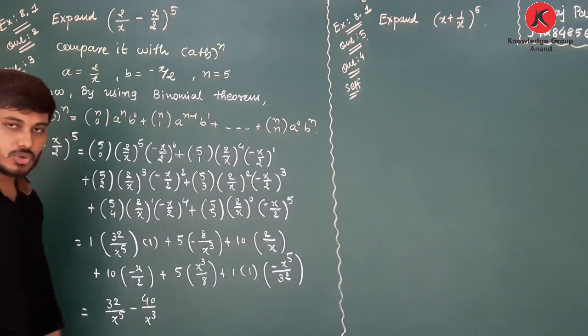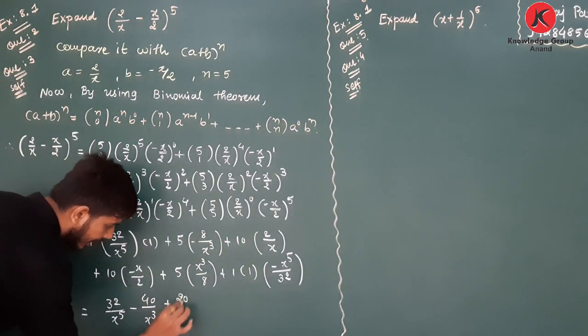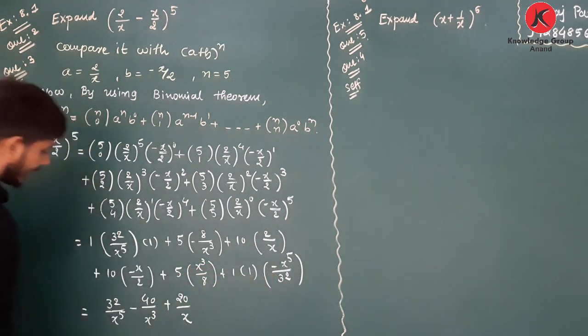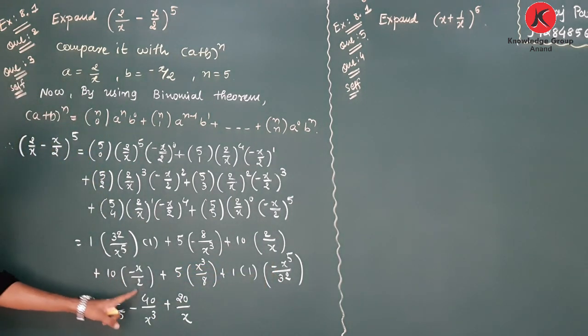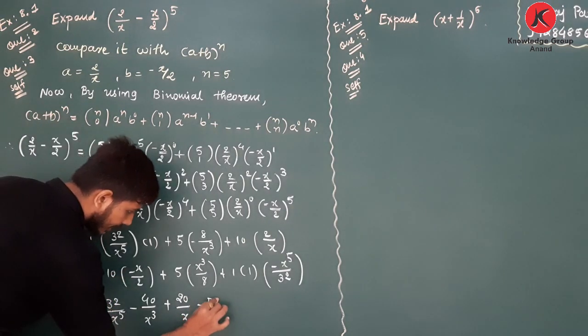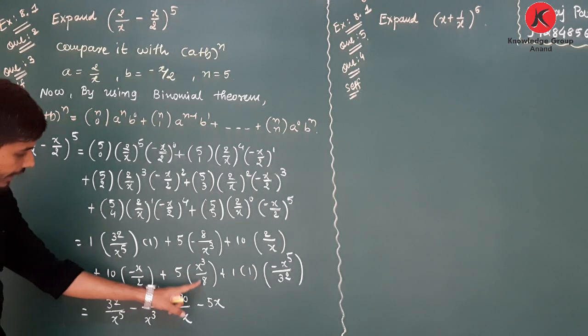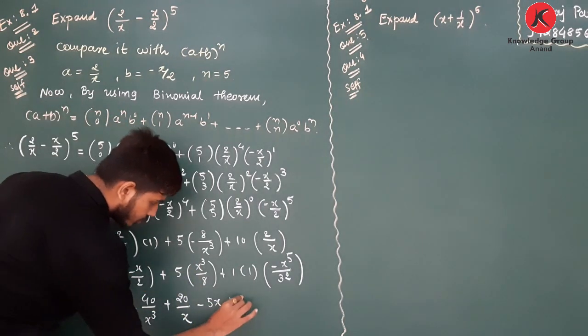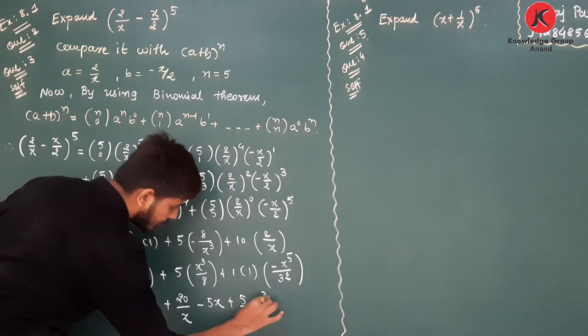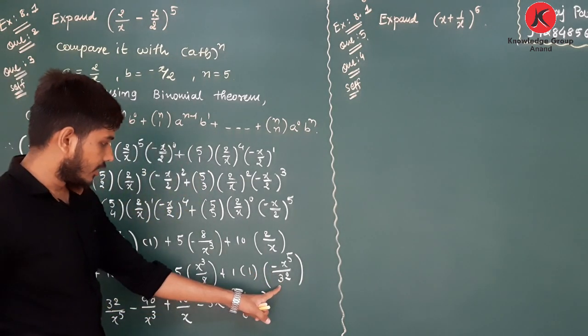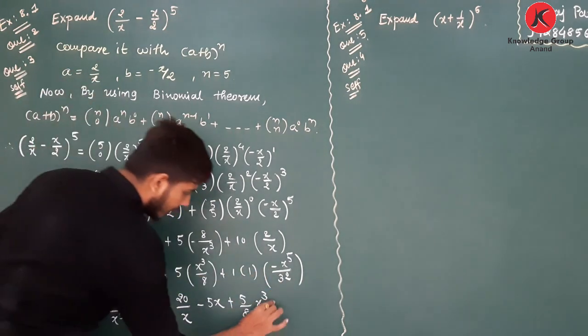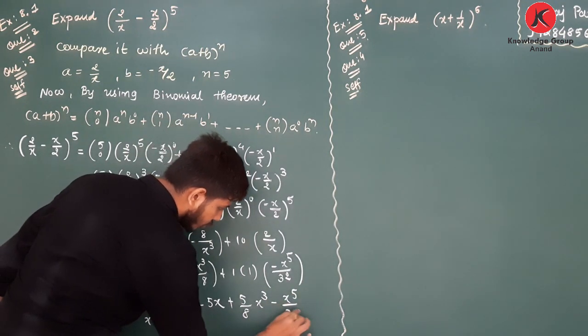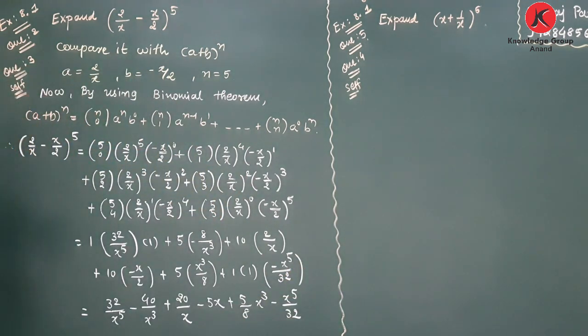Next, 10 2s are 20 divided by x, minus 5 2s are 10, means minus 5x, and 5 by 8x cube. The last one, minus x raised to 5 divided by 32. This is the expansion of (2 by x minus x by 2) raised to 5.